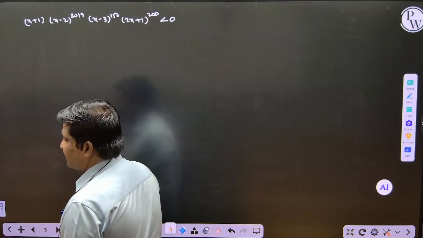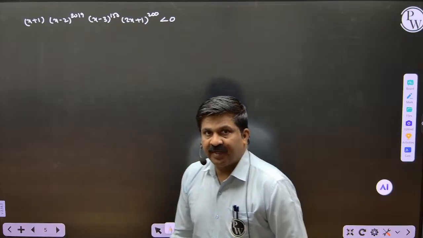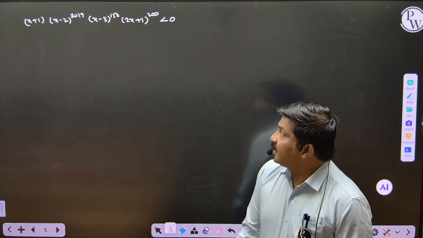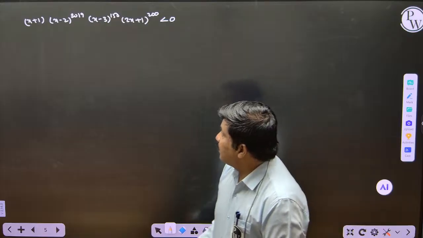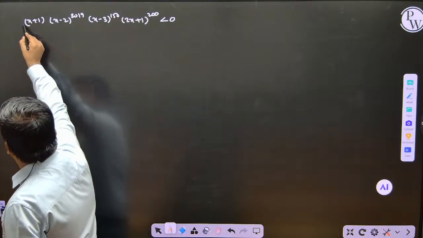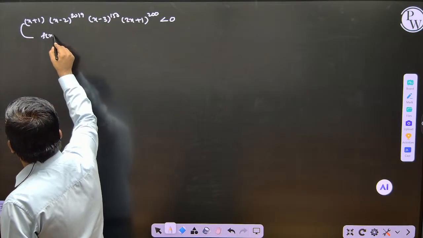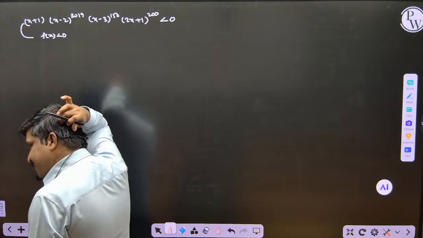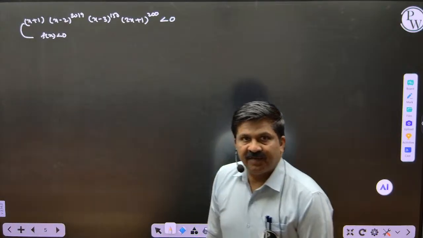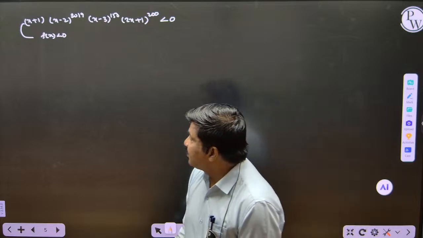So this is also this one, and this is also what here? It is in the form of which one? This is in the form of f of x less than 0, or not.